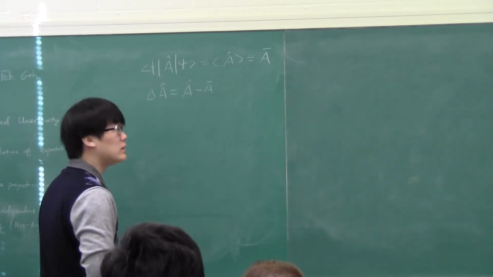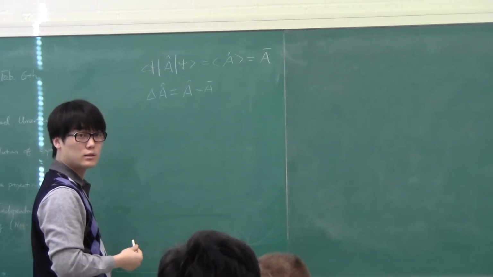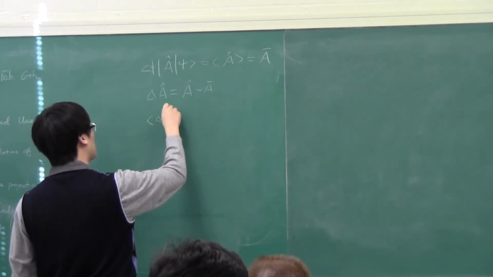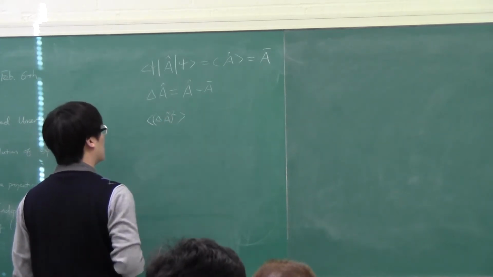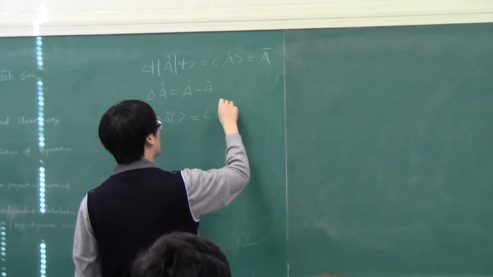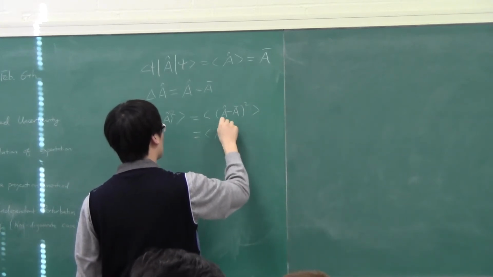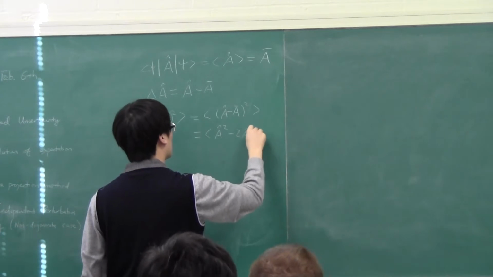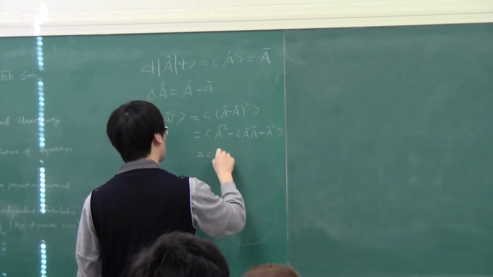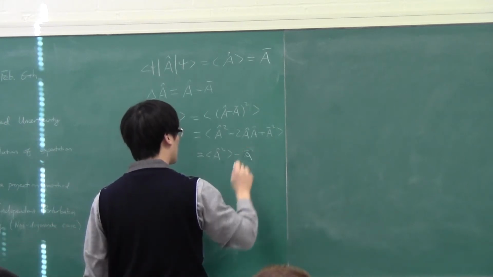Obviously now this operator has 0 expectation value, but the use of it is to study the variance of the operator A. So we could compute the expectation value of this operator, which would be this.